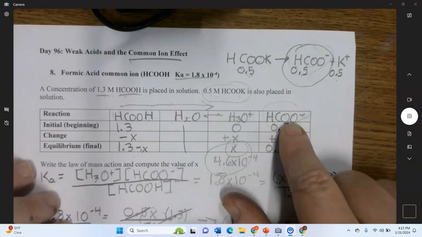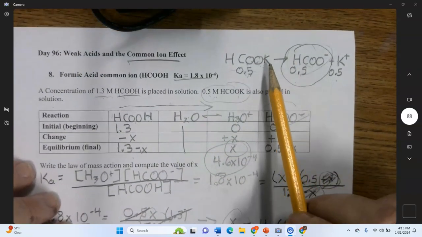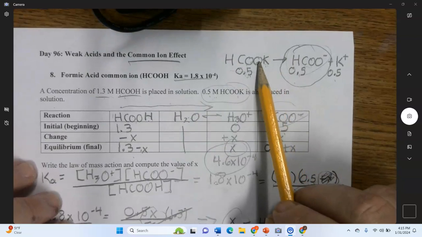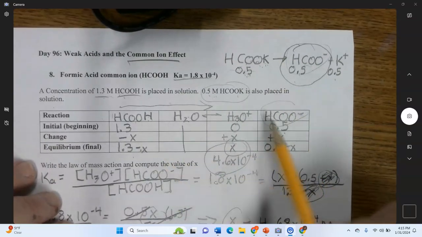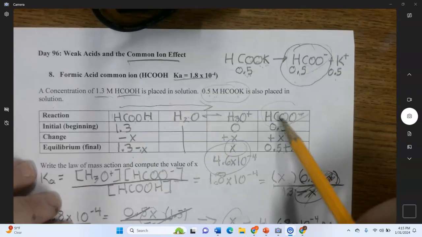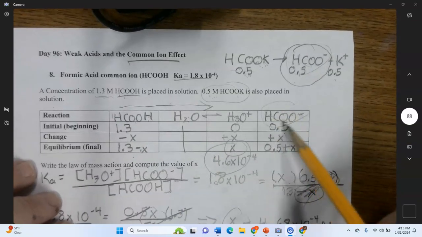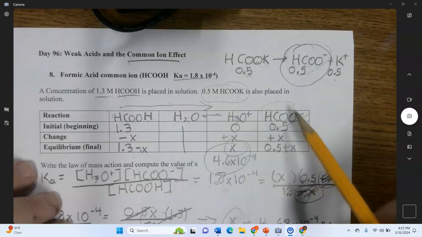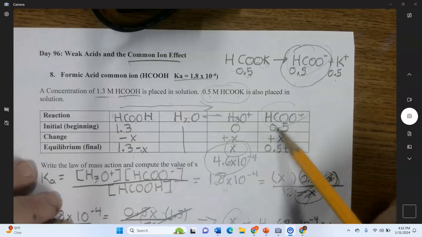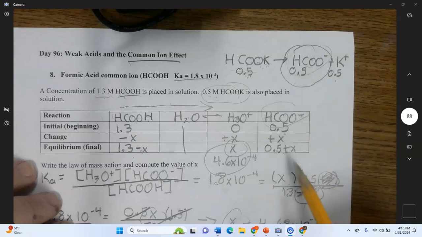When we then took this potassium acetate and dissolved it in the water first, before we even started this acid reaction, we started off with 0.5 molar of the, I said acetate, it's formate.